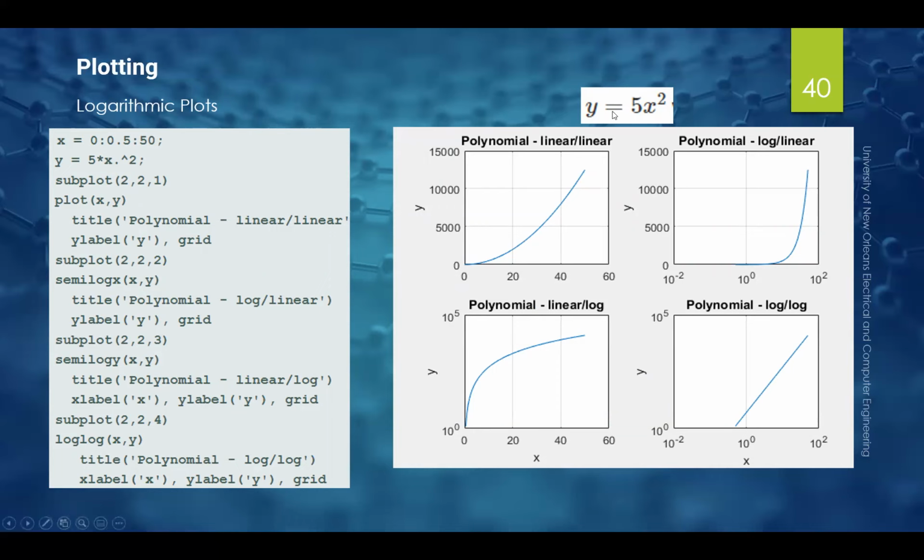We have a function y equals 5x squared, which is defined here in the statement. We have defined x as a variable from 0 to 50 in increments of a half.